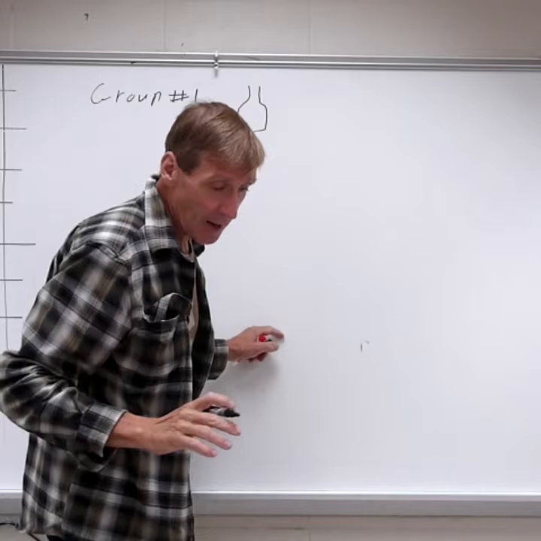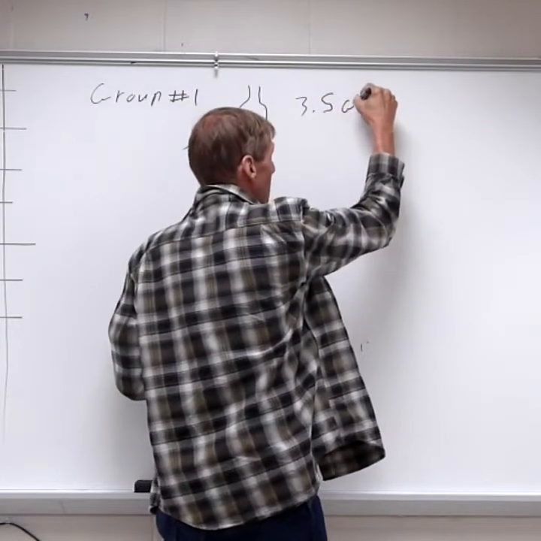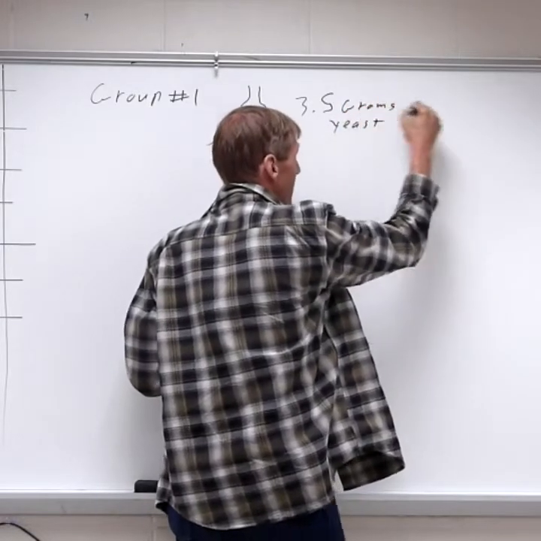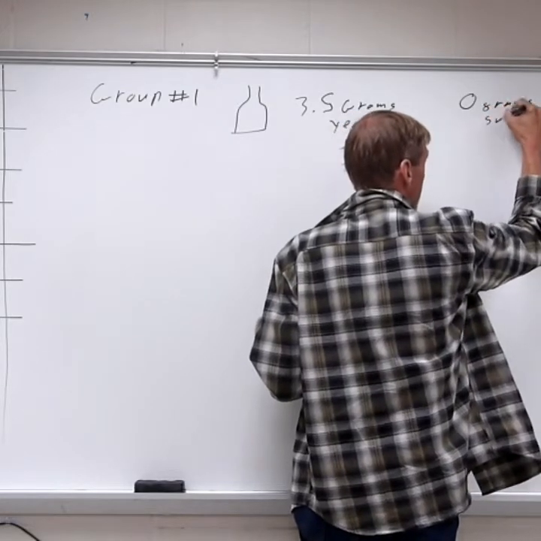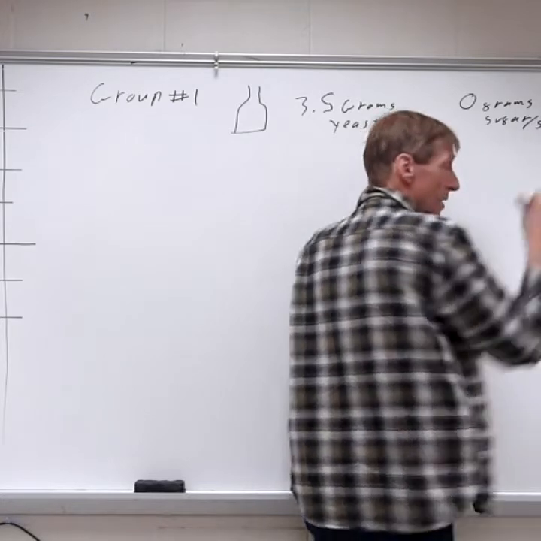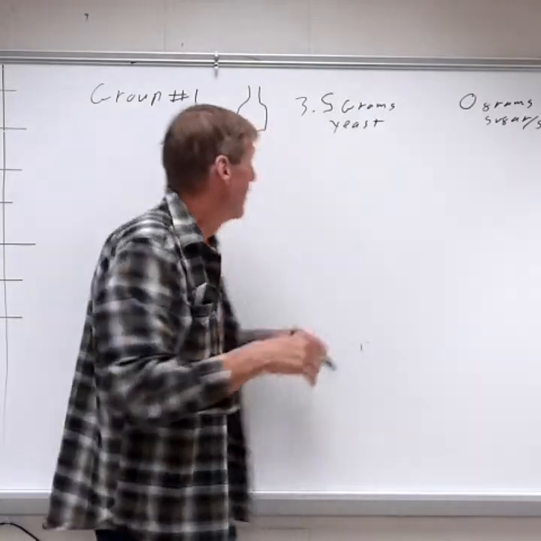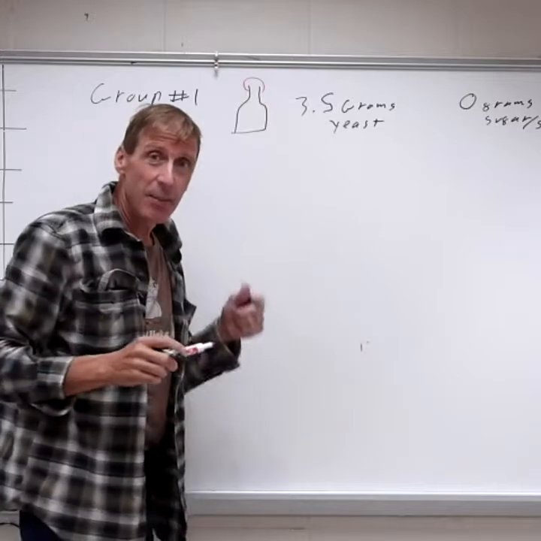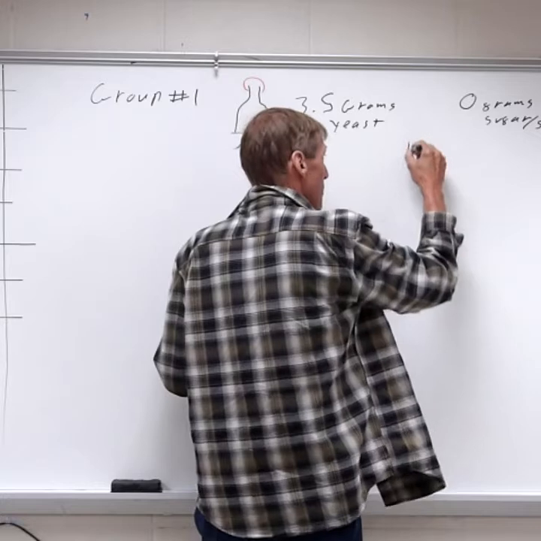And in that flask, I'm going to put 3.5 grams of yeast, and 0 grams of sugar or sucrose. So that flask will have some warm water in it, yeast, no sugar. Then I'll mix it up, put a balloon on it, and set it on the table out here at room temp.